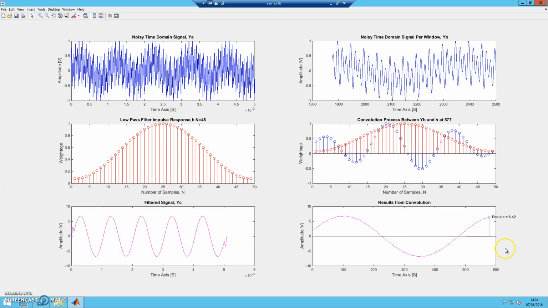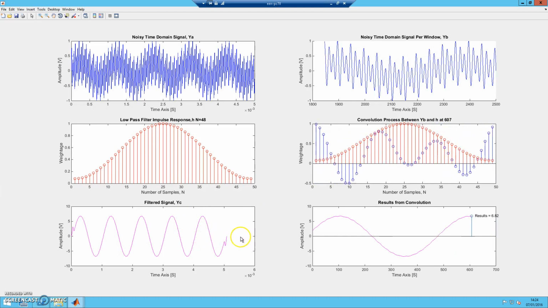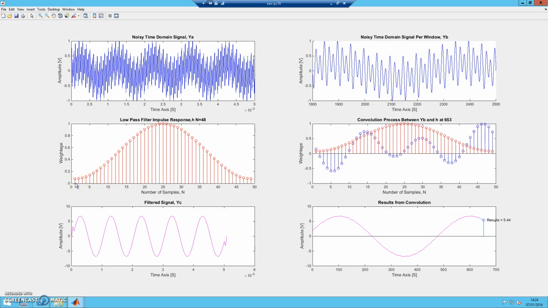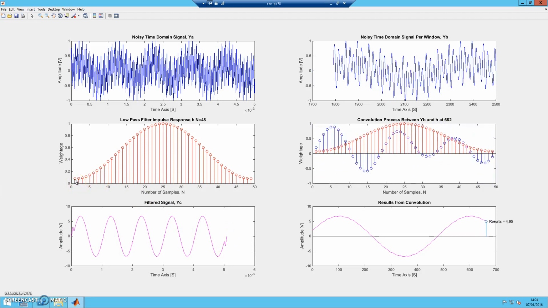As you can notice here, this output signal here is the same as here, but there's a small difference at the ending and also at the starting. Why do we have this particular glitch here? This is because in the starting of the convolution process, we only have one input signal. The other input signals haven't arrived yet, so all of them are going to be 0.